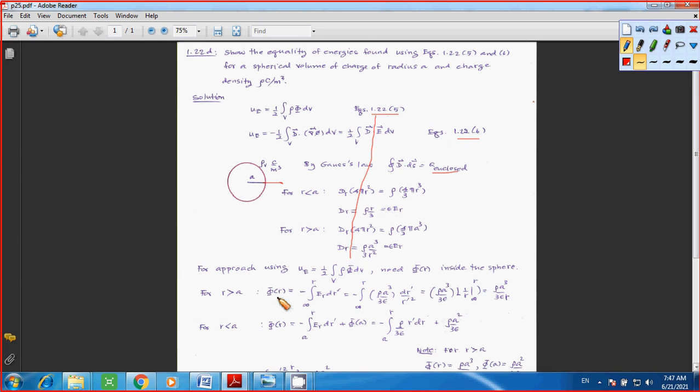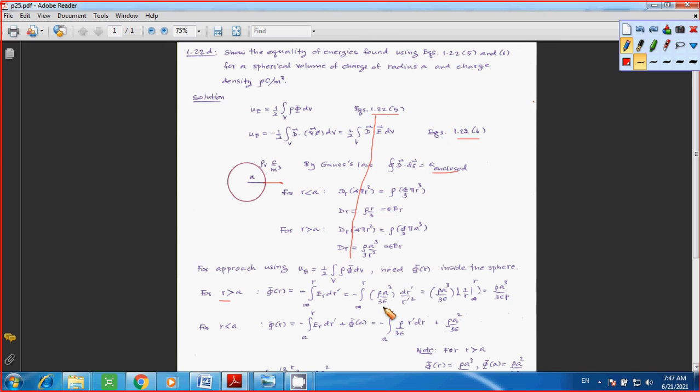So you need phi, the potential, and the potential equals the negative line integral of E dot dl. Since your electric field has the radius component, you put this as E_r dr'. For r greater than a, you integrate from infinity to r.